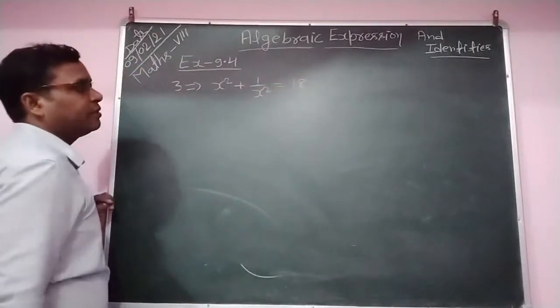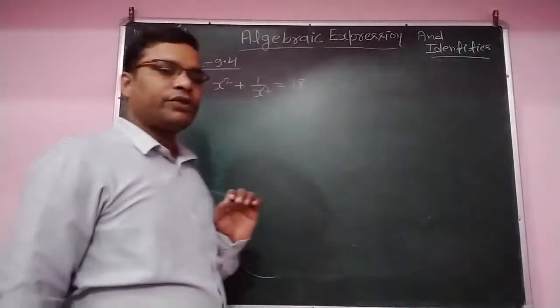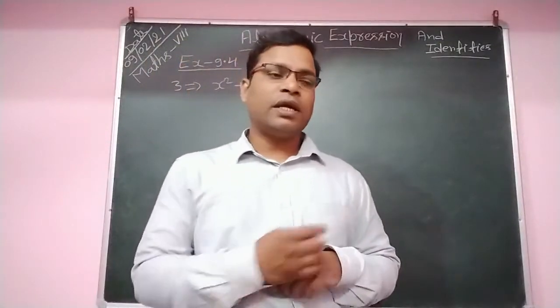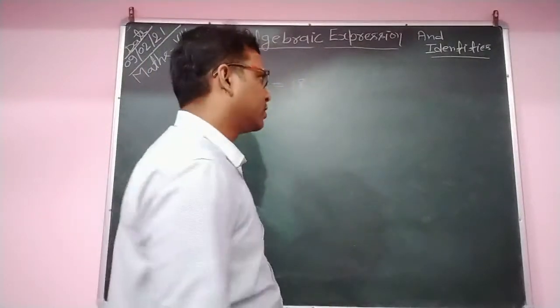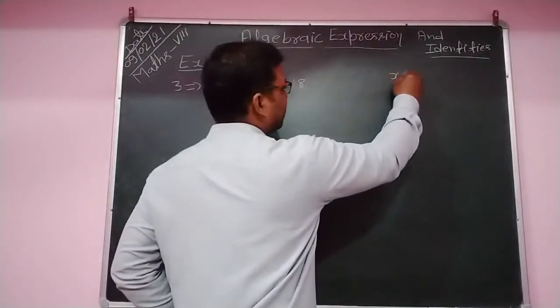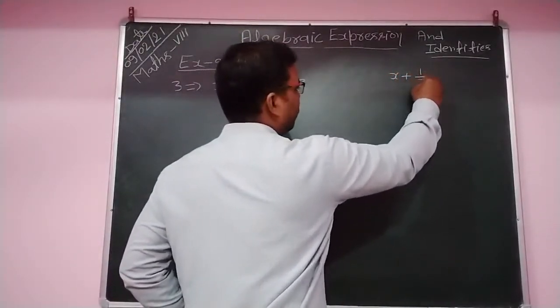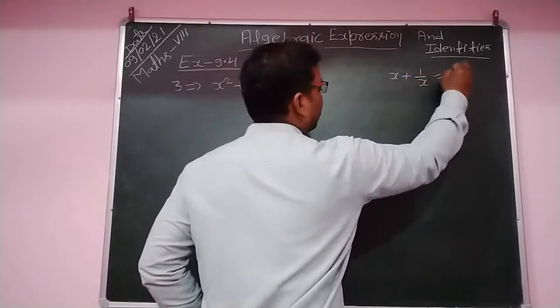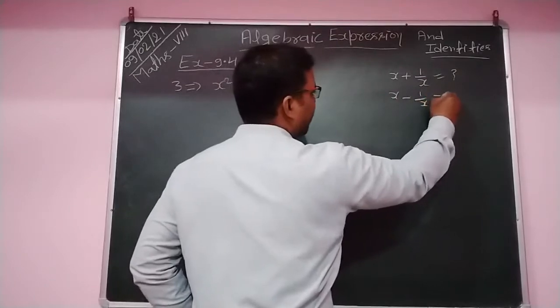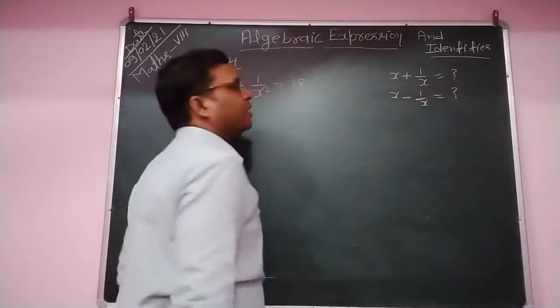Here we need to find x plus 1 upon x and x minus 1 upon x. We need to find the value of x plus 1 upon x, and again x minus 1 by x is equal to what? We need to find these values.